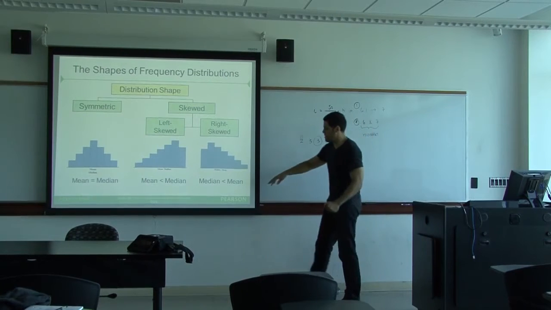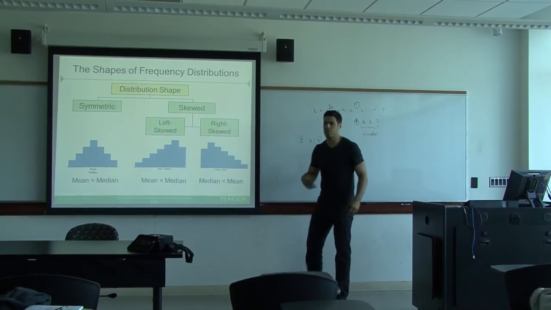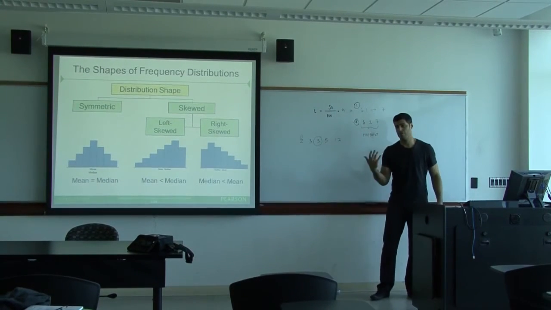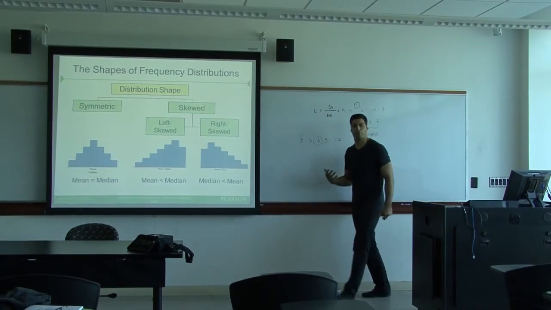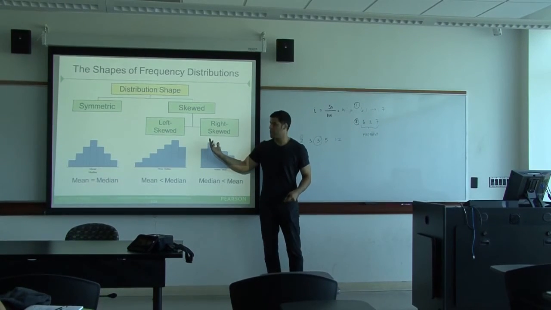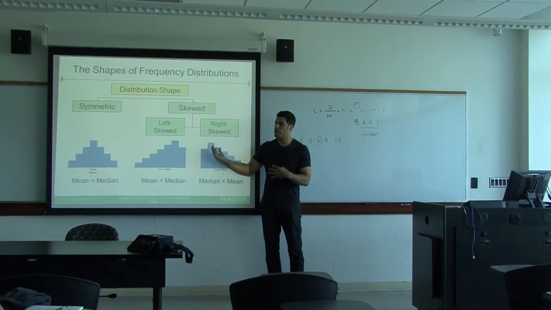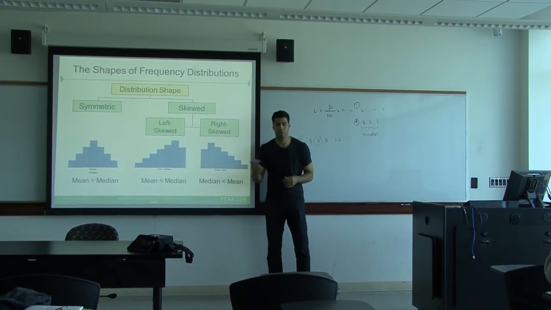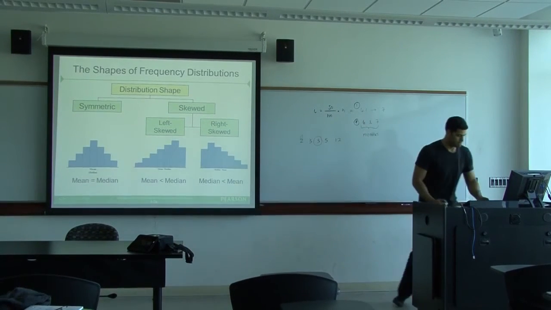And finally, if you see that the mean is higher than the median, then you could infer that the distribution is skewed to the right. But the actual way of determining whether the distribution is skewed or not is by computing the skewness measure. There's an actual formula for that, which you won't see in your book. We won't see it here.